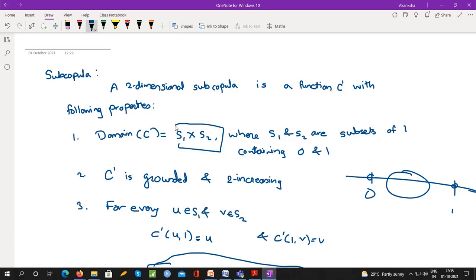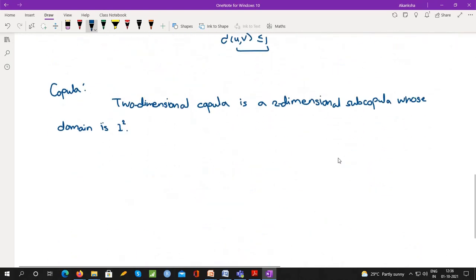S1 cross S2 will be the domain. S1 and S2 are subsets of I. So they could be proper subsets also, provided that they contain 0 and 1. However, if I allow S1 and S2 to be only I, not any other subset, then that function becomes a two-dimensional copula. That's the only difference between copula and subcopula, the domain.